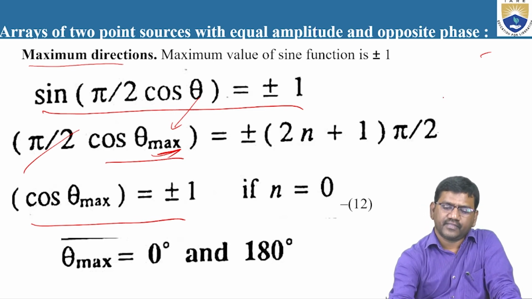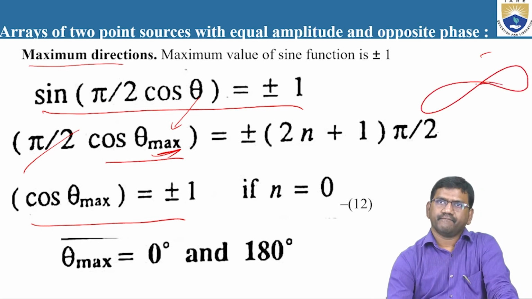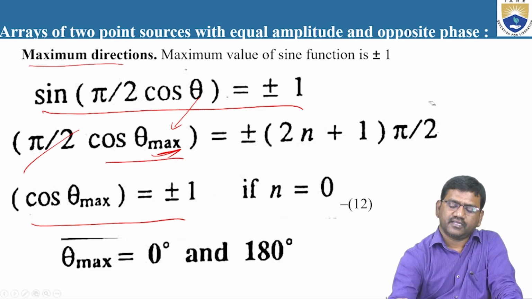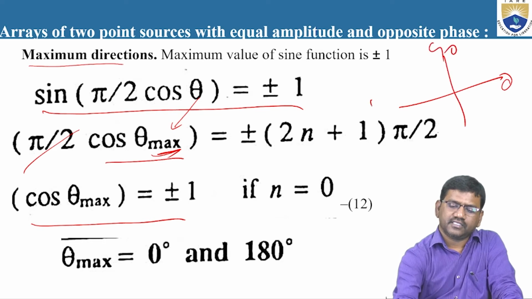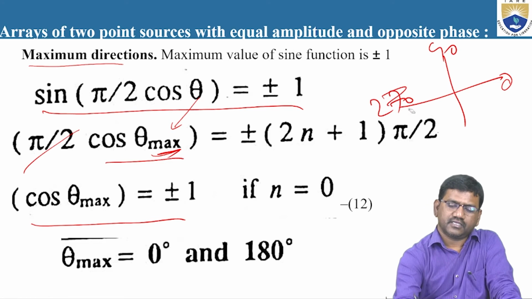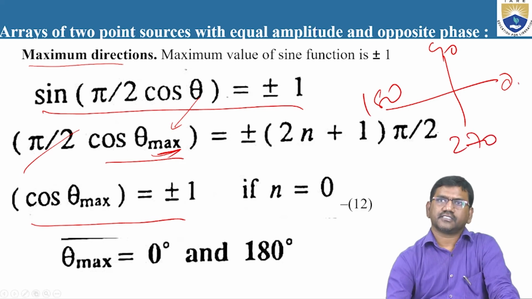It means that if we represent the radiation pattern like this, suppose we represent this as 0, this as 90, this as 180, this as 270, and this as 360 degrees.